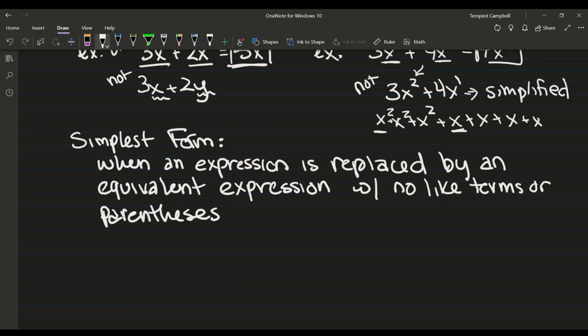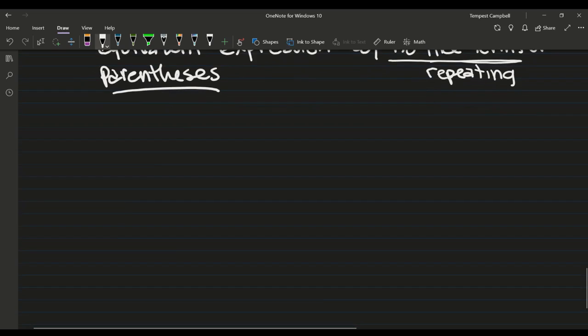Okay, so it's the idea that we're eliminating our parentheses or any repeating terms. Okay, so we're eliminating our repeating terms and our parentheses. So here's some examples.